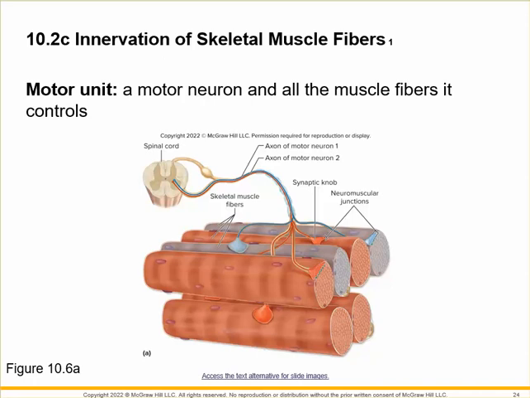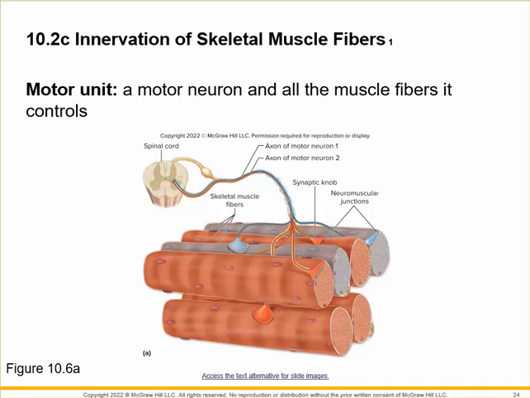And those muscle fibers that are all bound to the same motor neuron end up working together. Anything that signals contraction in one will signal contraction in all of the ones in this unit, in this group of muscle fibers. So we call the motor neuron and all the muscle fibers that are innervated by that a motor unit. They work functionally as a syncytium.